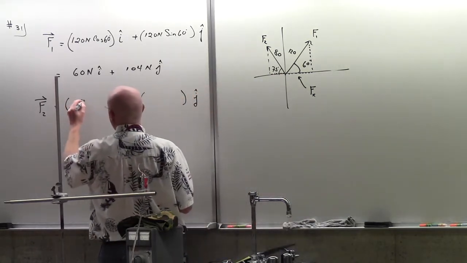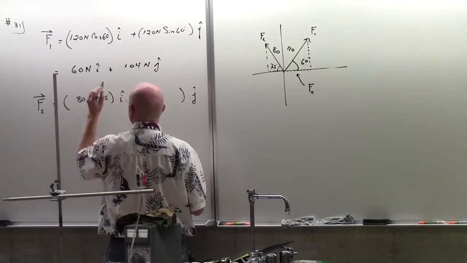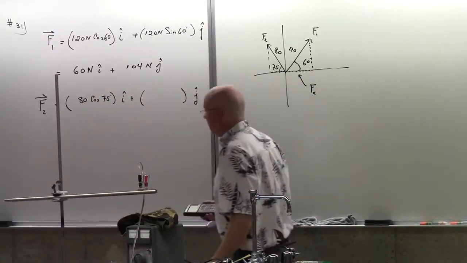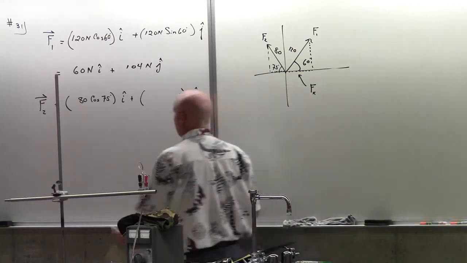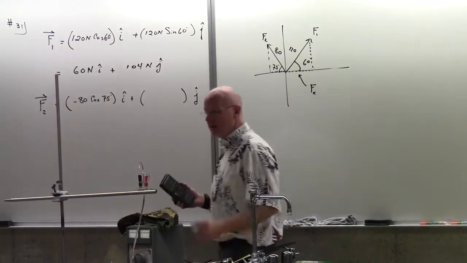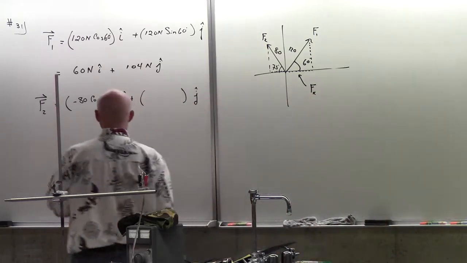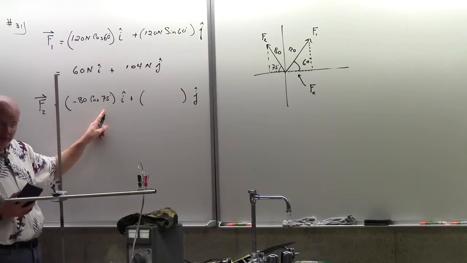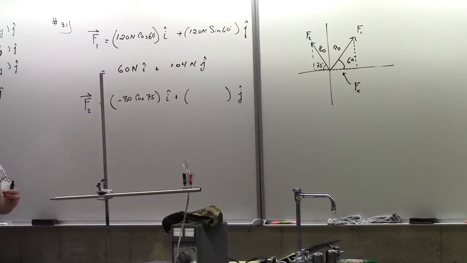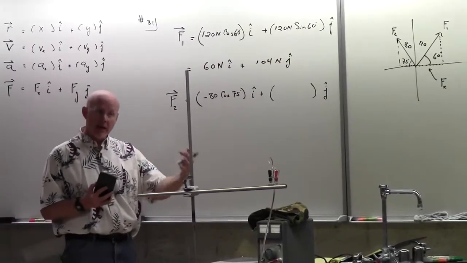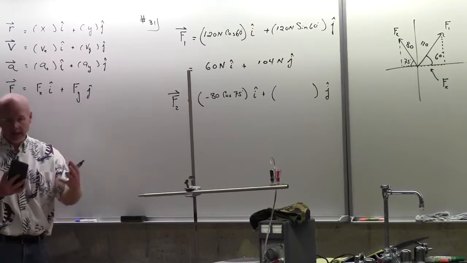So I will take 80, I will multiply it by cosine of 75, but I'll do one more thing before I'm done, and that's the direction part of it. It is in the negative X direction. So this is the magnitude, this factor gives me the component, and this factor gives me the direction. So there's my magnitude, component, and direction that you will hear me say again and again every time we keep doing our vectors.